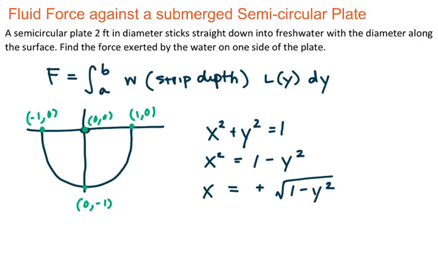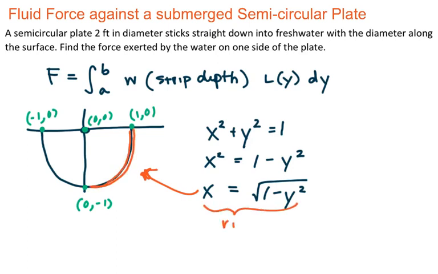So I'll just rewrite that as positive. We've got the square root of 1 minus y squared. So we use the plus minus when we're solving, but that's giving me both halves of the circle, and we only need the right edge. So this guy represents our right edge. And you'll notice that it is x in terms of y.